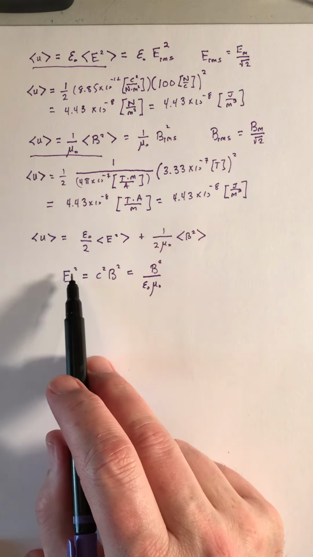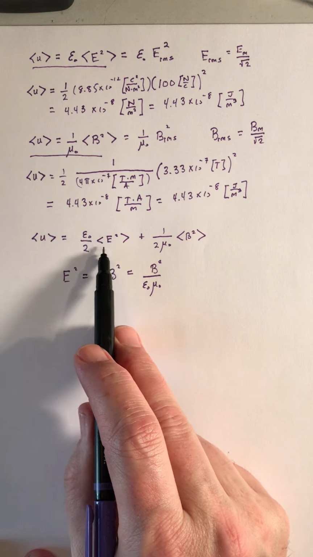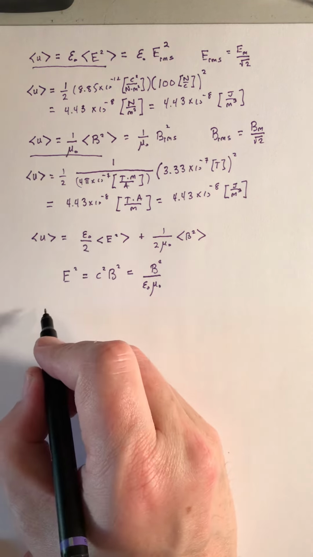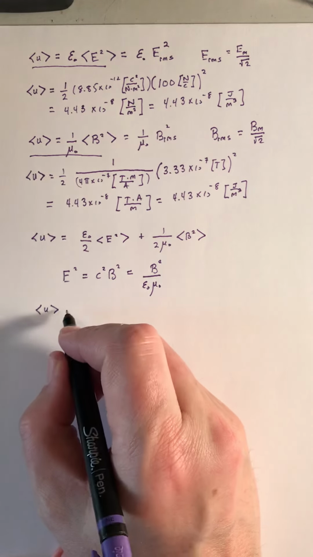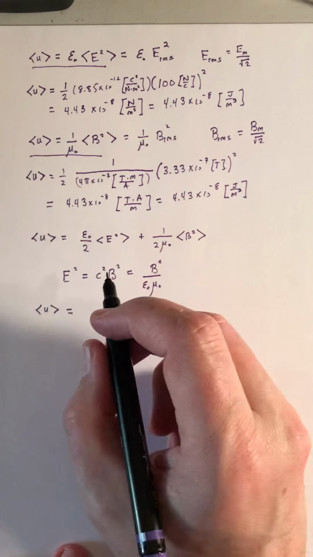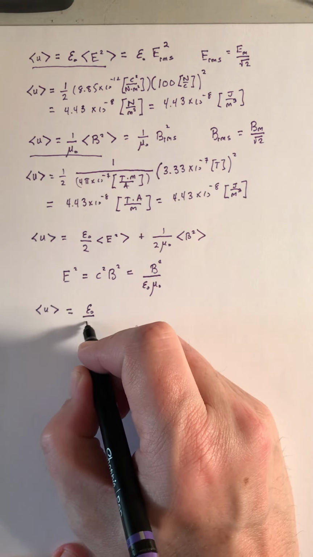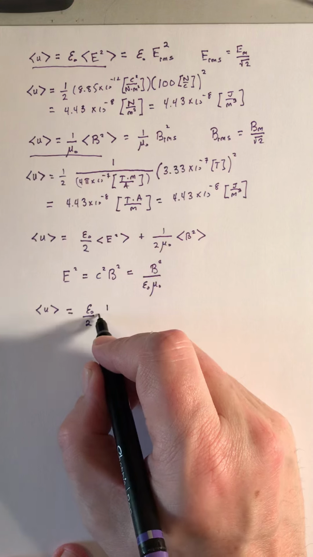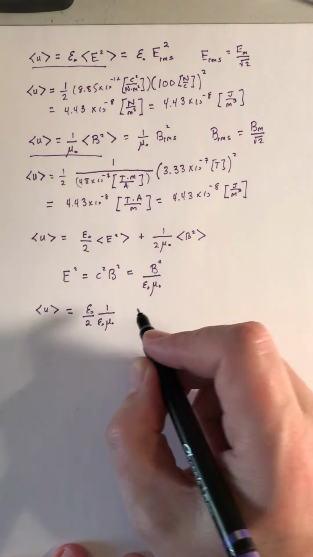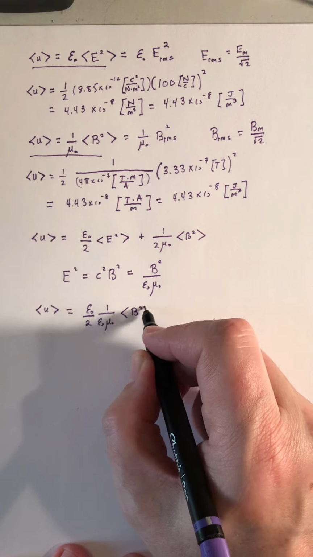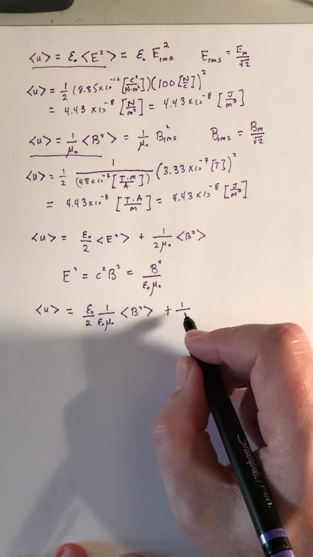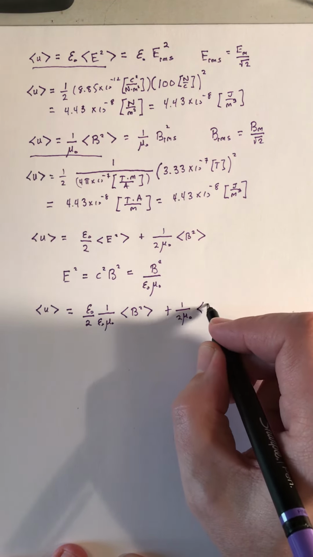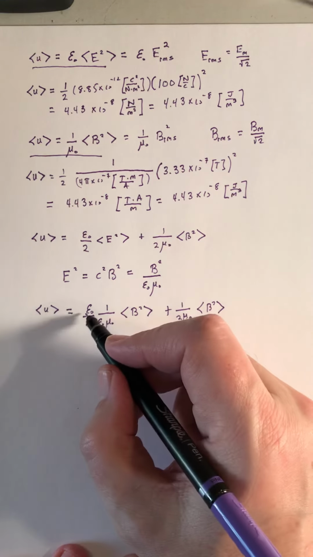So if I substitute this in for the electric field here, we can find the energy density in an electromagnetic wave in terms of just the magnetic terms. So I'll have epsilon naught over 2, 1 over epsilon naught mu naught, average value of B squared, plus the term I didn't manipulate yet, another 1 over 2 mu naught, average value of B squared.